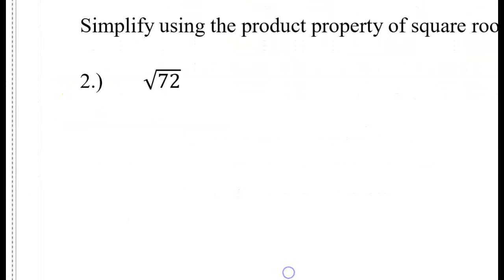So I happen to know that the largest perfect square that divides evenly into 72 is 36. 36 times 2 is 72. So notice that I rewrote the square root of 72 as the square root of 36 times the square root of 2, because again, the largest perfect square that divides into 72 is 36.